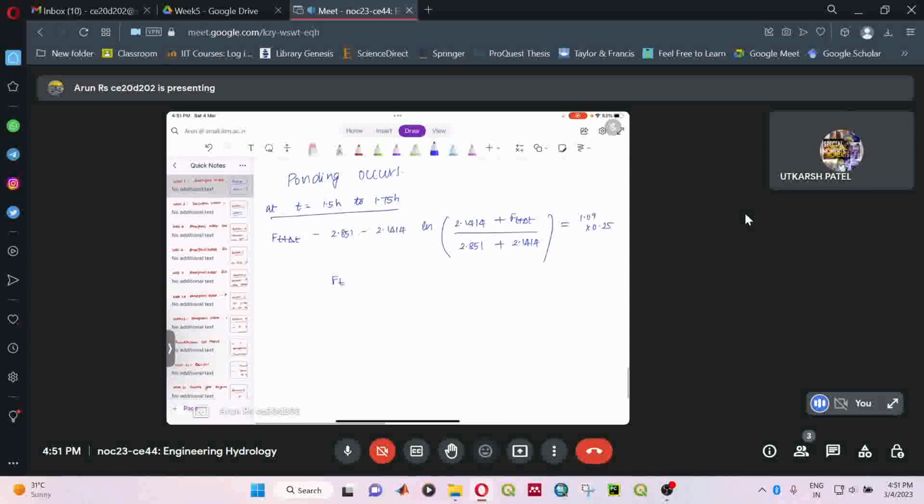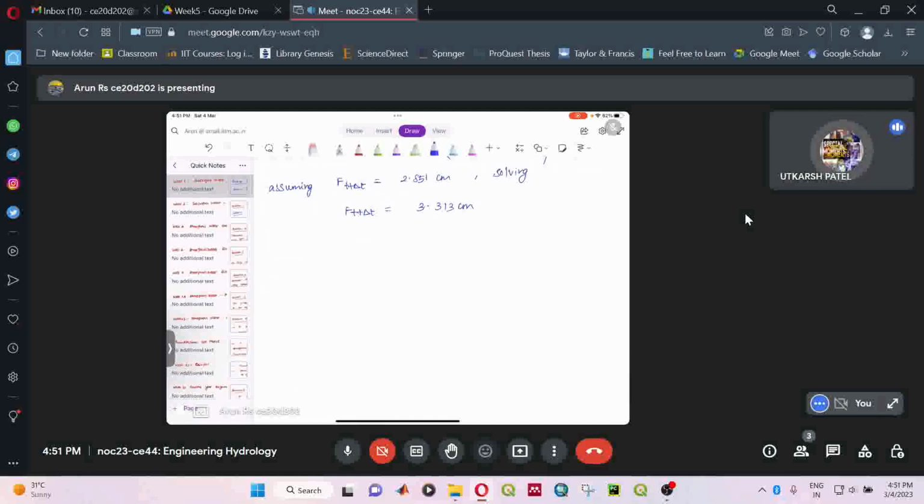If you solve this, we will get F(t+Δt) as 3.313 centimeters.